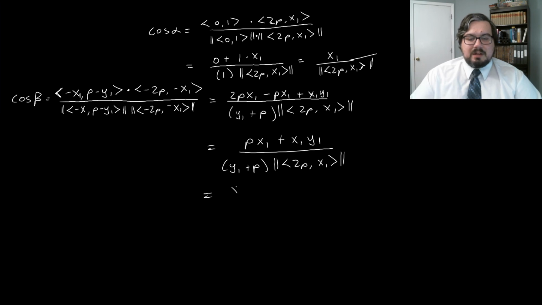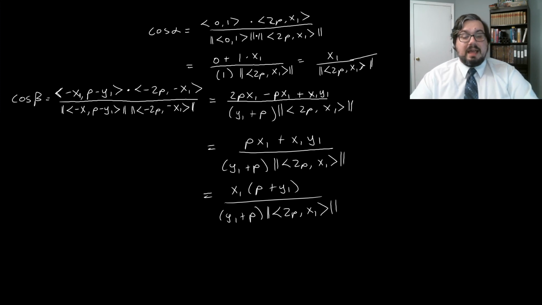We have an x1 common factor on the top, so we get x1 times p plus y1 divided by y1 plus p times the magnitude of 2p, x1. And wouldn't you know it, there's a common factor. y1 plus p can cancel, and we're left with x1 over the magnitude of the vector 2p comma x1.